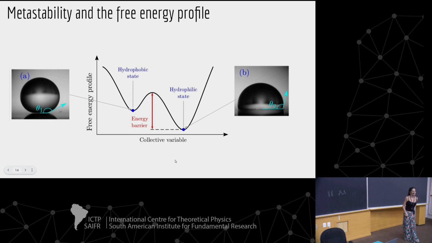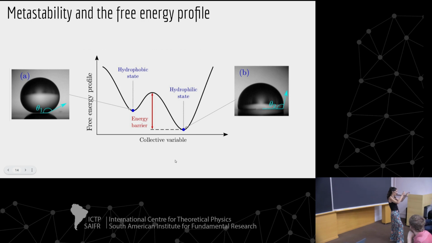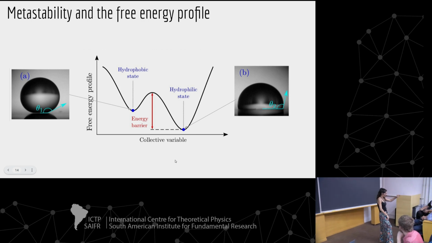Well, you can have metastability without hierarchical structure, as I have shown, for example. One can have a hydrophobic state without fractality. So basically, roughness matters a lot. What is quite well known in this field is that chemistry is important. But if you have a flat surface where you put a droplet and it presents less than 90 degrees, which means a hydrophilic state, and you add roughness, then you increase the fact that it's going to be more wet.